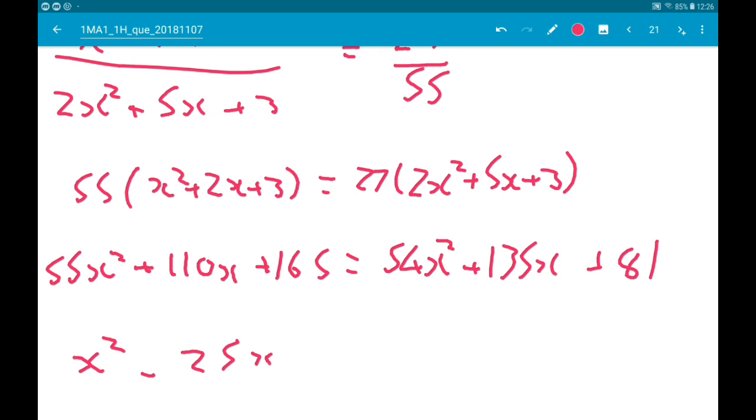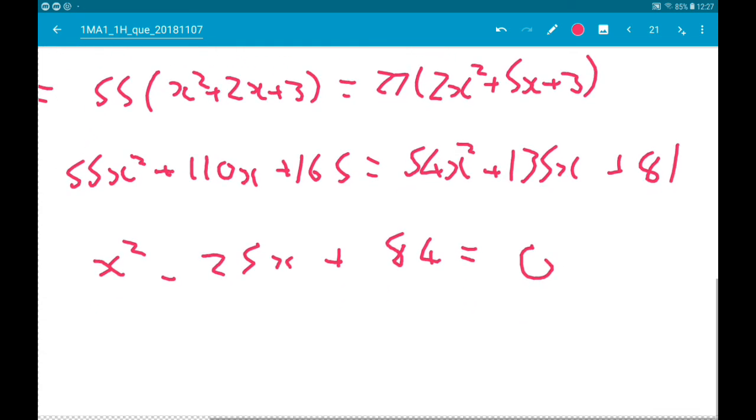And if we subtract 81 from both sides, we get 84. It's just not getting any nicer at all.